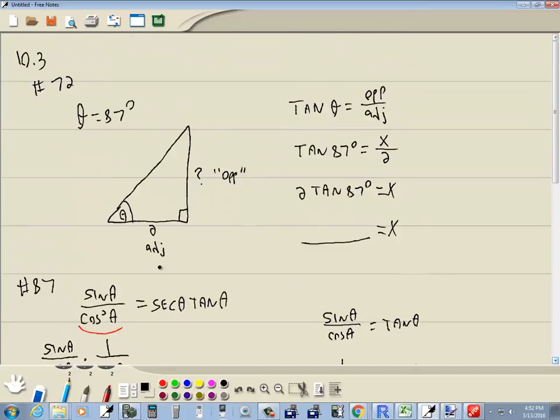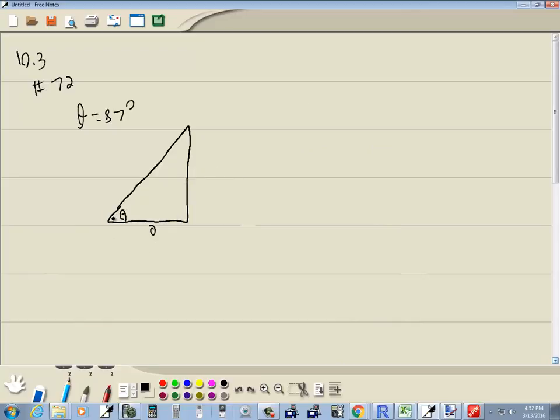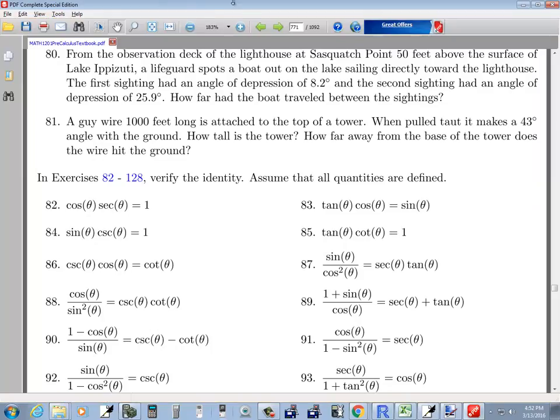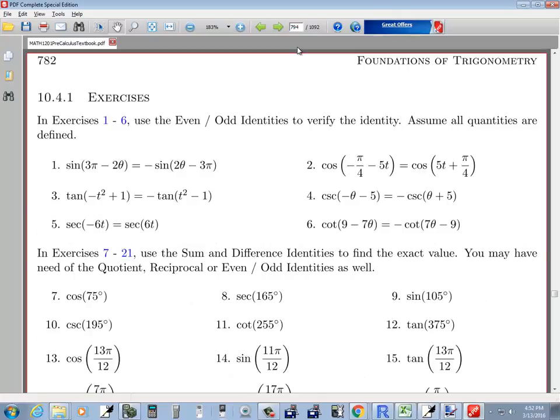Okay, let me clear that all off, and we'll go to 10.4. And let's look at number 6. 10.4 is page 794. Let's try it again. 794. There we go.